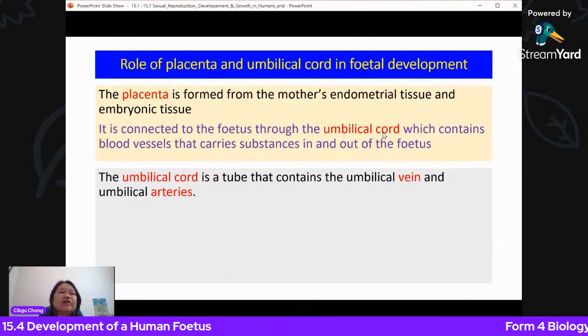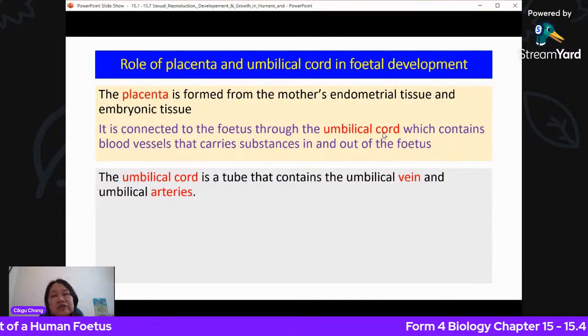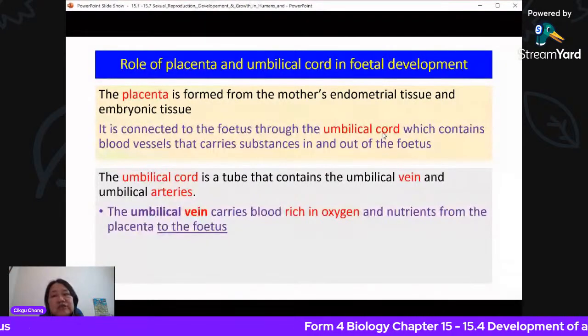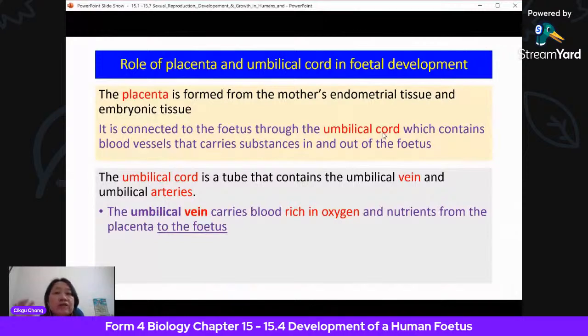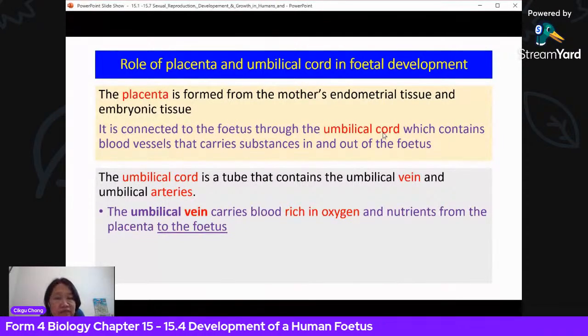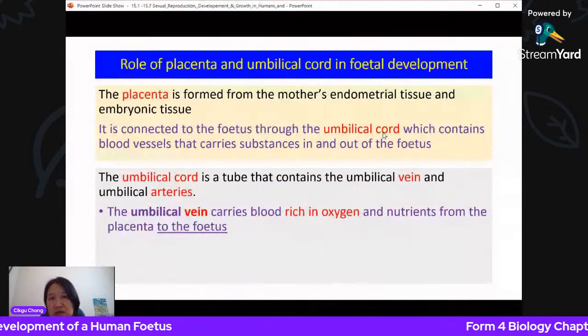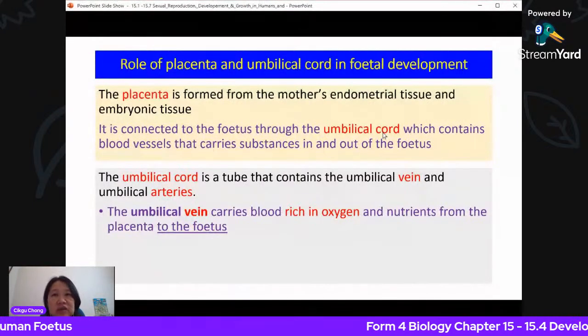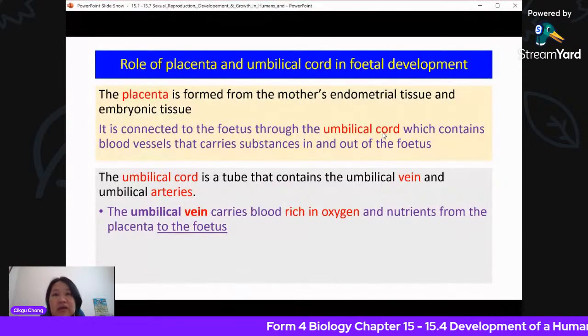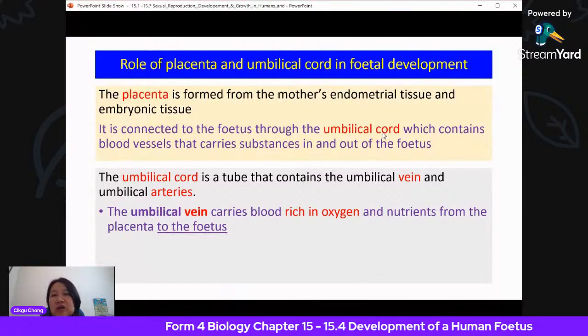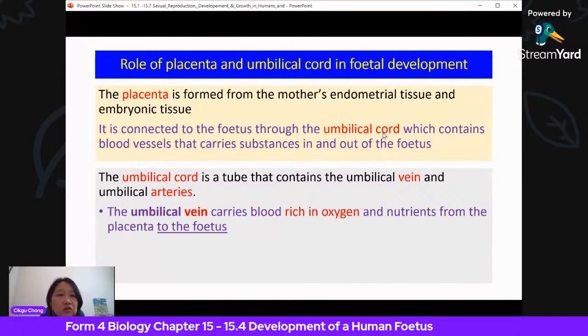Now you learn about the function of vein, the function of artery. Usually you will say that artery is known as an artery because it carries blood away from the heart, correct? The definition of artery is not because of the type of blood it carries. Arteries do not always carry oxygenated blood. As you remember, you have a pulmonary artery which carries deoxygenated blood.